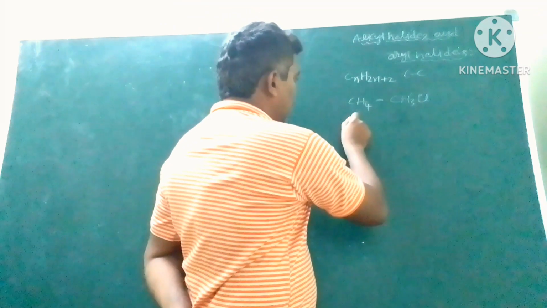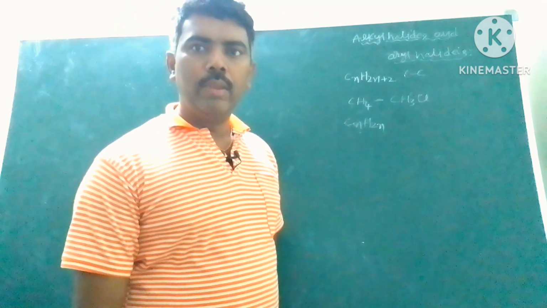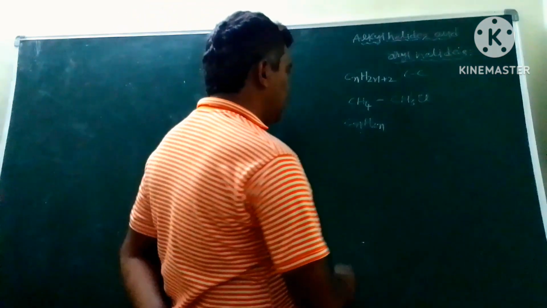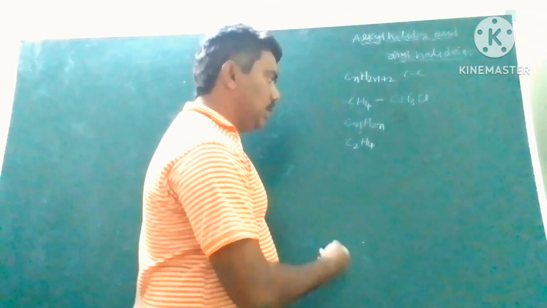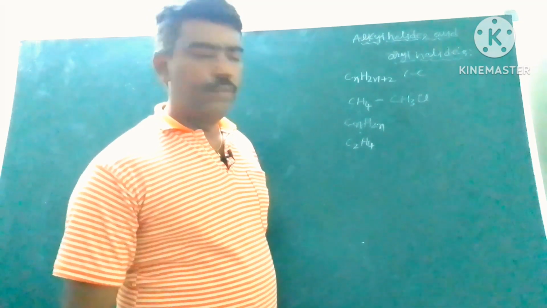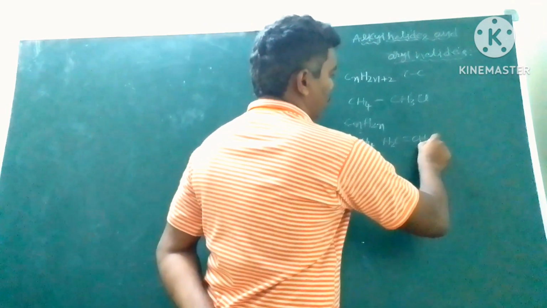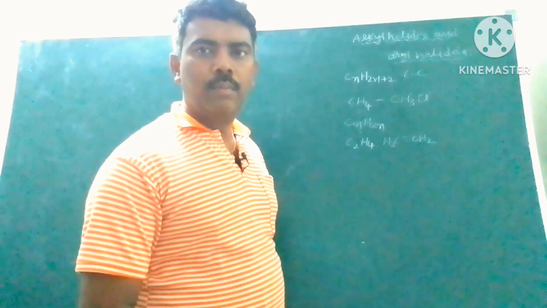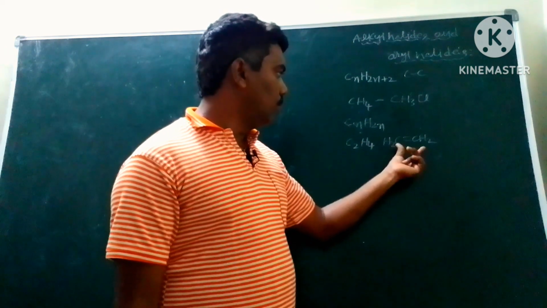Or if you take the alkene, the general formula is CnH2n. The simplest alkene is C2H4, ethene. In the ethene molecule, between the two carbons there is a double bond, CH2=CH2.